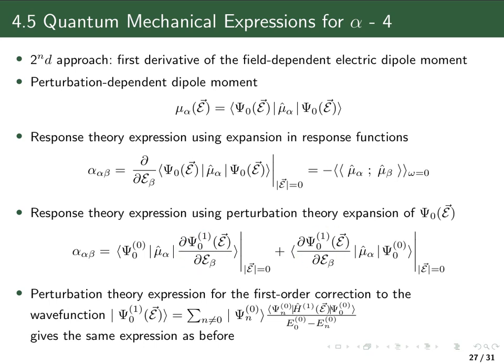If we take that derivative, then we get for the polarizability these kinds of matrix elements, these integrals where we have the unperturbed wave function and the derivative of the first order correction to the wave function with respect to a component of the electric field, again evaluated at zero field.